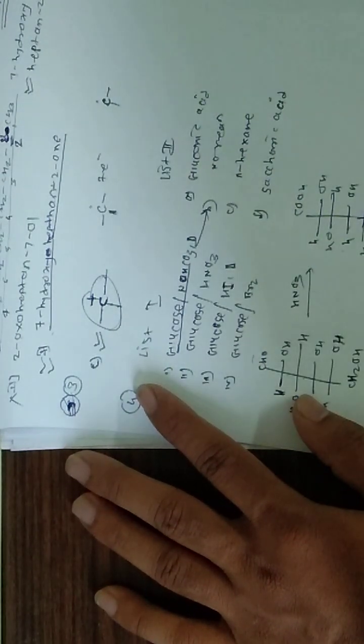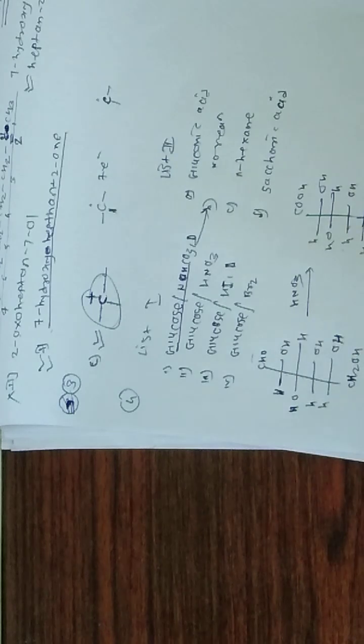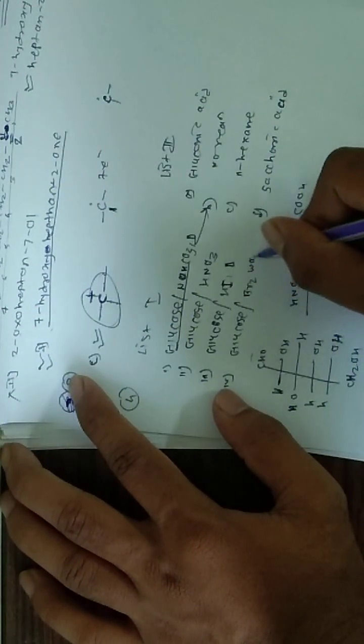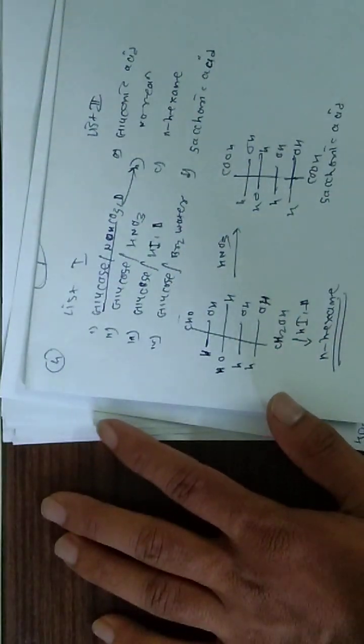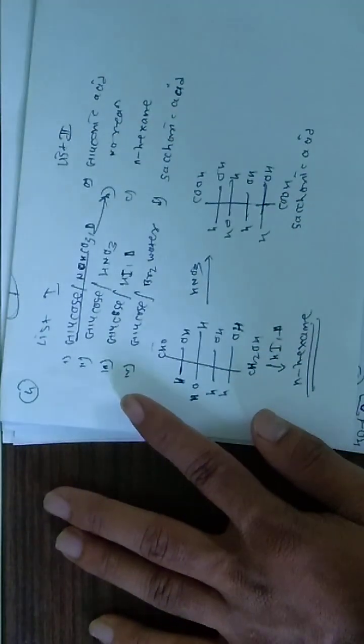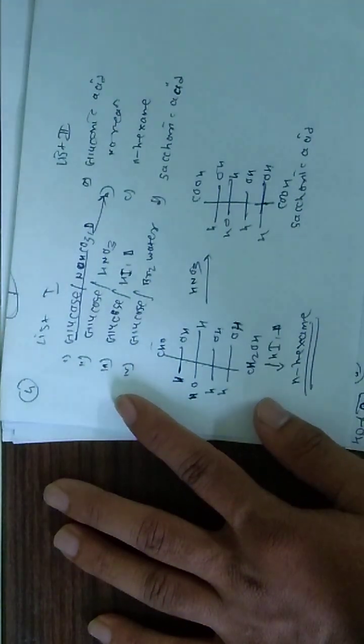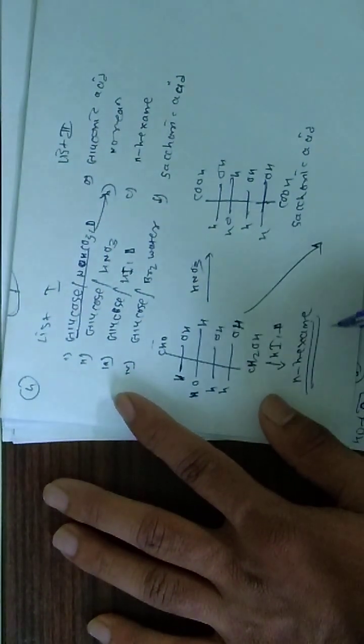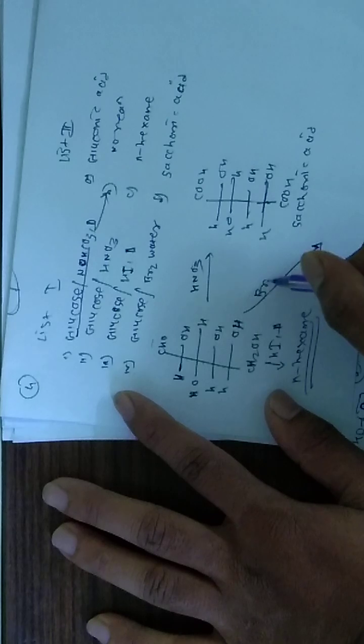Now the fourth is glucose reacting with bromine water, Br2 water. Here bromine is a mild oxidizing agent. Since it is a mild oxidizing agent, what will happen if we react glucose with bromine water?